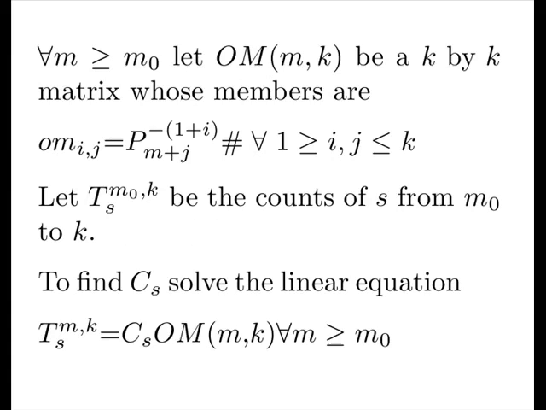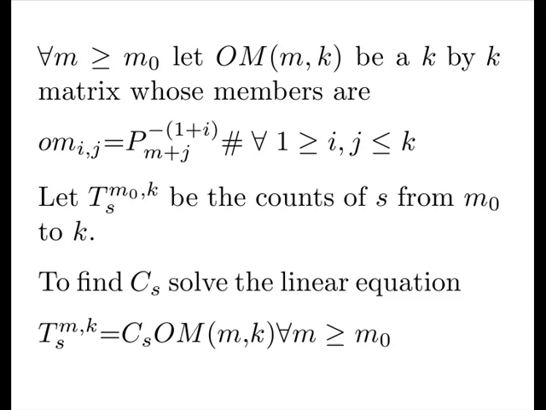For all m greater than or equal to some m0, let Om of m and k be a k by k matrix, whose members are Om of i and j equals the (i plus 1) primorial minor at index m plus j, for all i and j in the appropriate range.